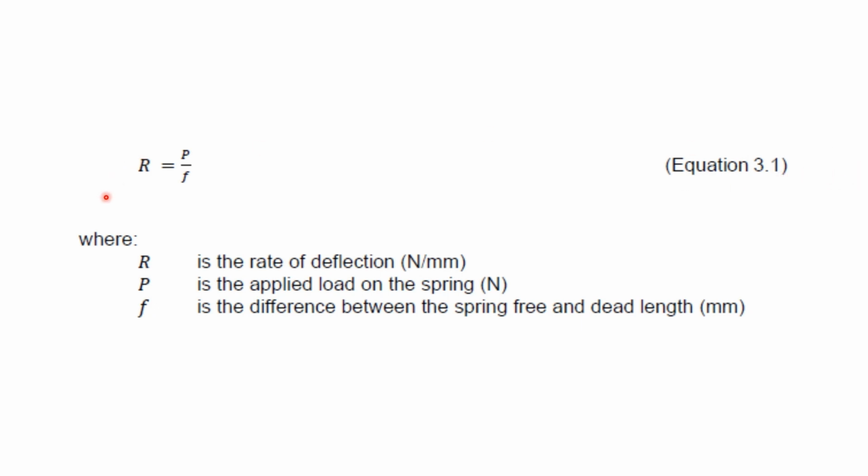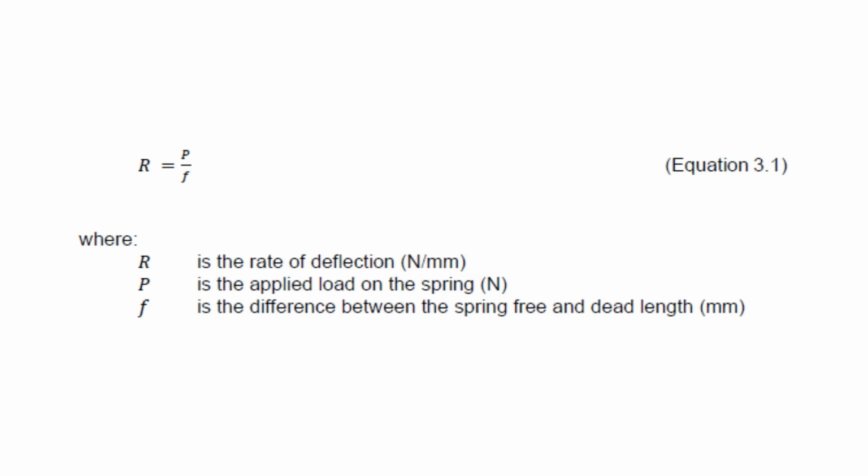And 3 spaces below that, you have the word where, in which you enumerate or define each of the symbols in your equation. So you have here the symbol R, which means the rate of deflection, followed by the parentheses, which represent the unit for this rate of deflection.